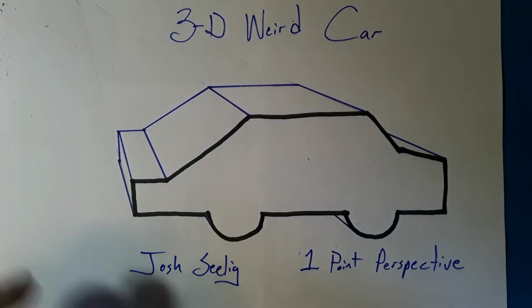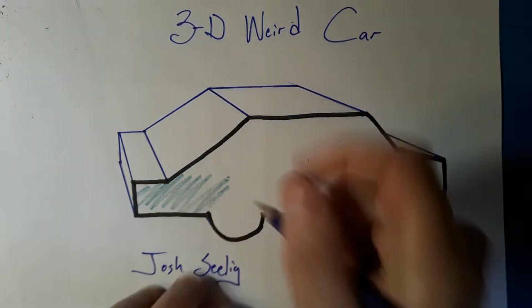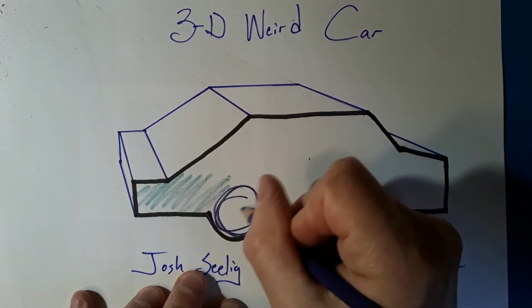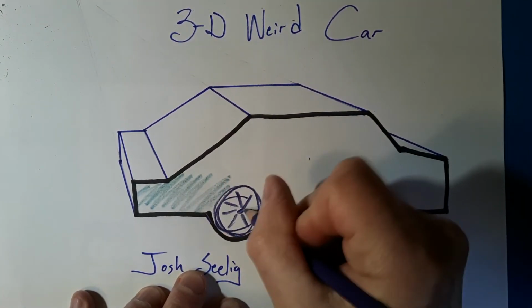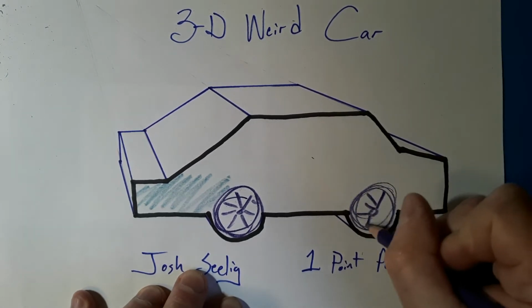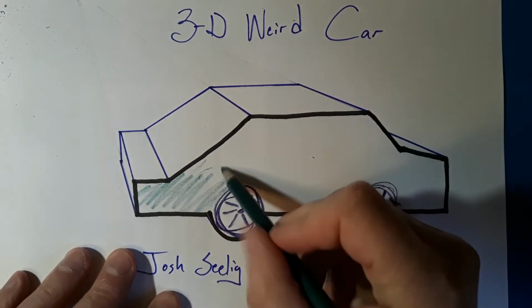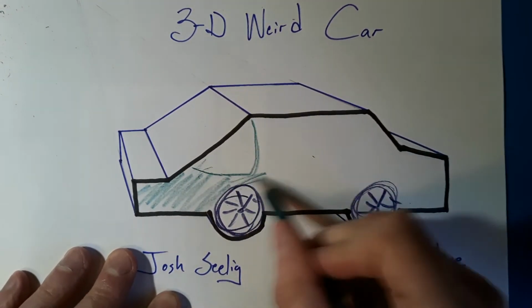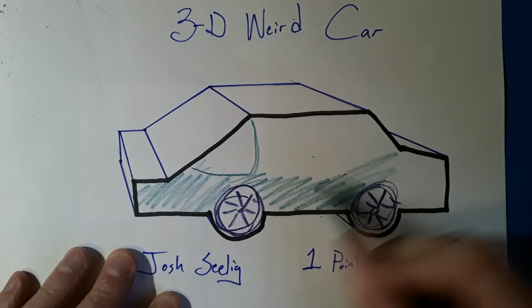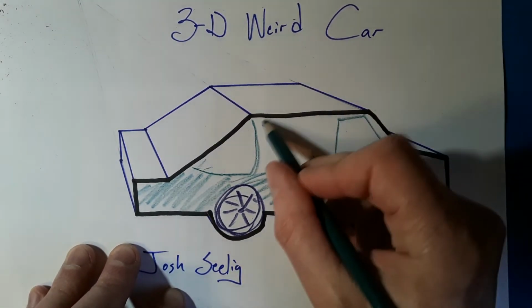Again, I'm going to color it in super quickly. Actually, I learned my lesson last time. Let's do the wheel first. I don't understand the windows in this car at all.